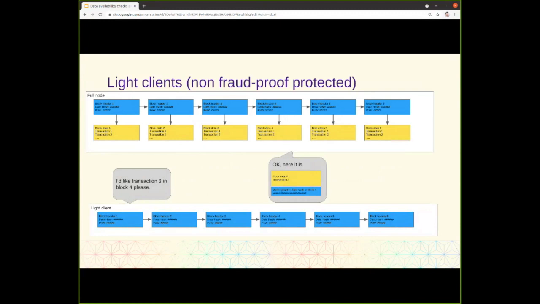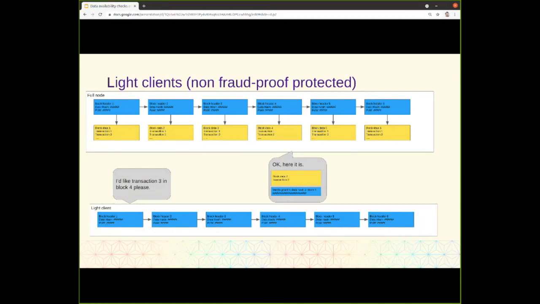So to give an illustration of how this works, at the top you see the perspective of a full node. It has a chain of block headers, and those point to a set of transactions, so the block bodies.